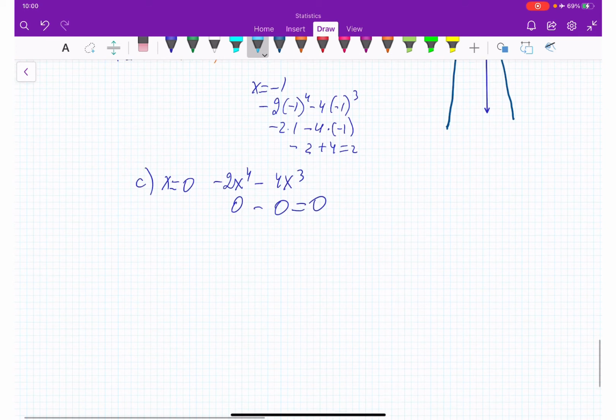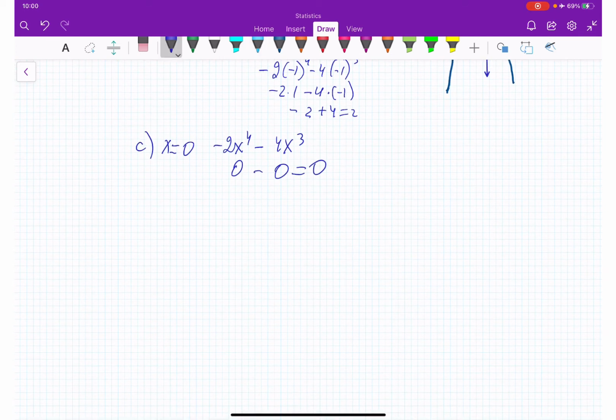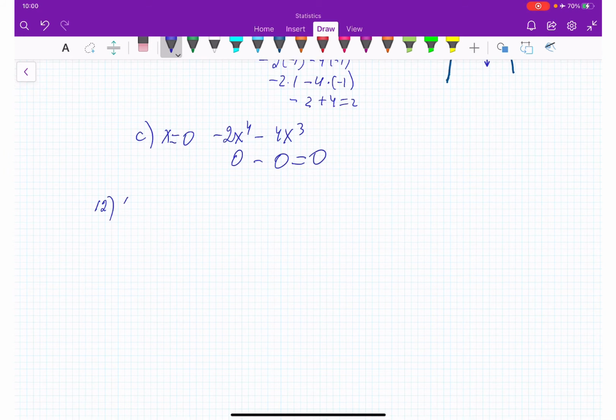Question number 12. So we have 4x cubed minus 4x minus x to the 5th, f of x. See, my highest degree is right here, positive 5. Let me write it down, and n is 5.